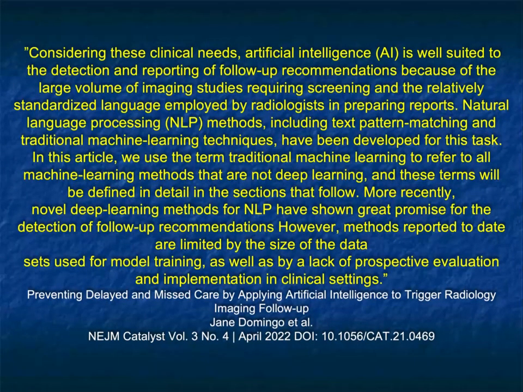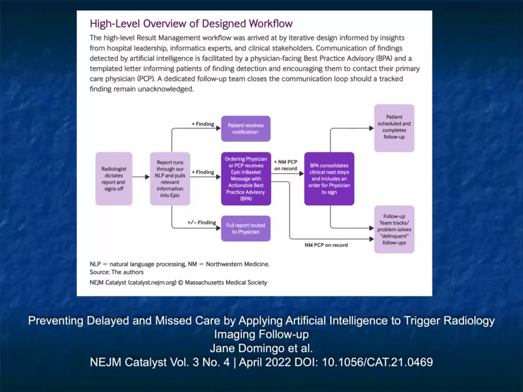So again, you've got to think about AI as not a one-trick pony. It could be anywhere in the process, and this idea of being able to do the follow-up, make sure that when a radiologist says needs follow-up, everything is really done. I think that becomes very exciting. And if you look at it, there are many ways, and here's just a simple high-level result management workflow.